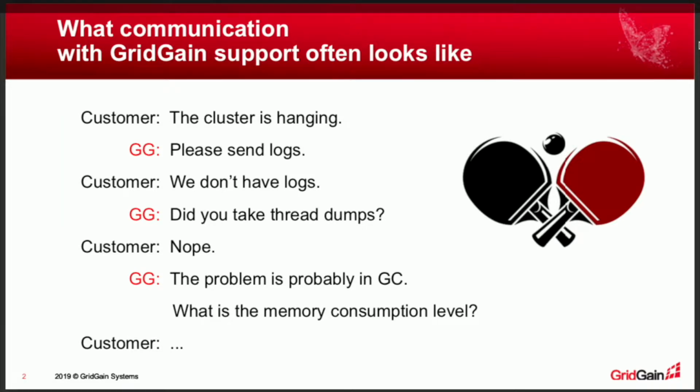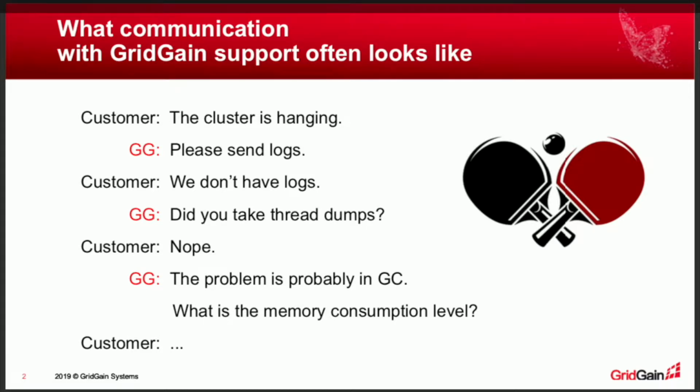Sometimes the customer says, no, we don't have any. After that, we start looking into other kinds of information. For example, maybe they happen to have thread dumps, because it's hanging in operation. Maybe there is some kind of deadlock, so we ask for thread dumps.